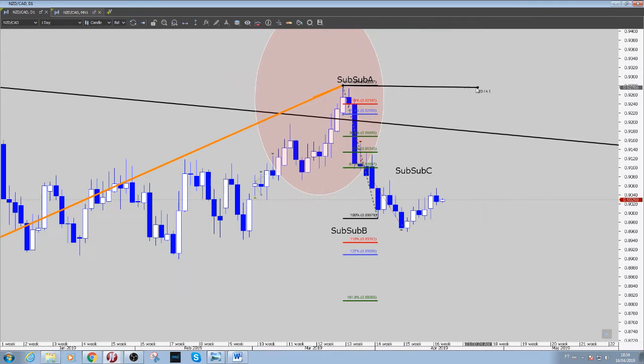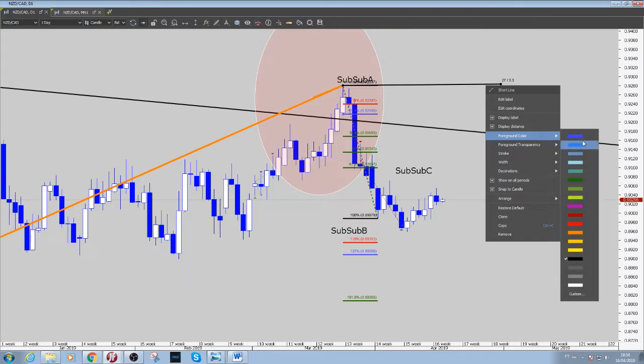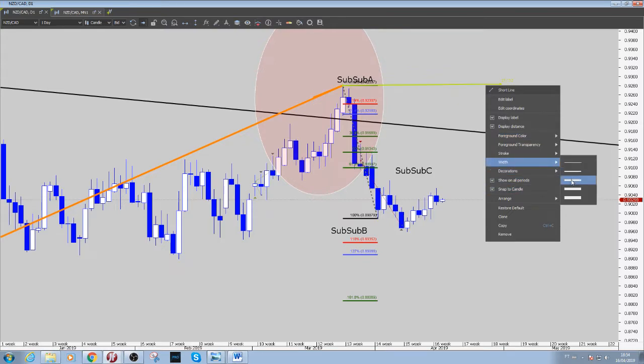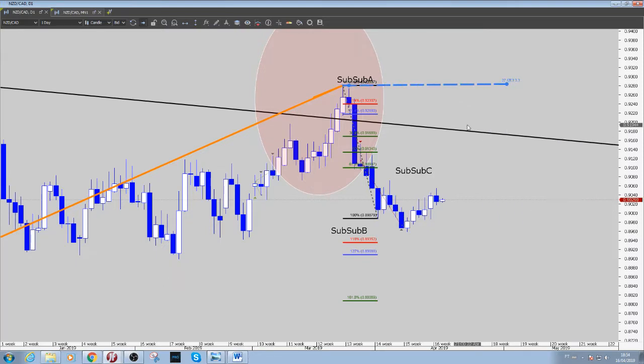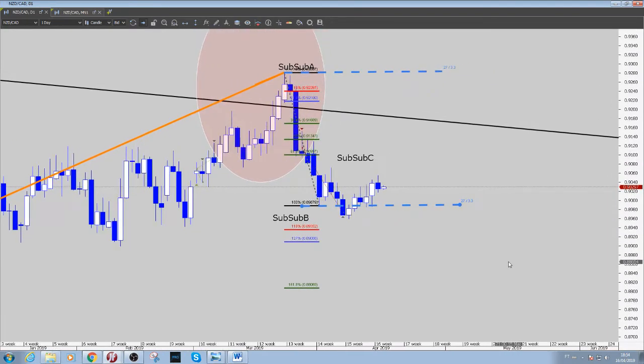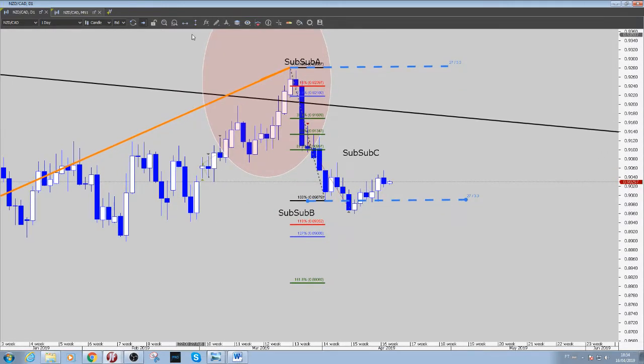And if you want, you can also make a horizontal line, right? This color this time, like this, okay, or maybe a different blue color. Okay, better. So this is the sub A, sub B, okay, and in about 40 minutes we have news coming out for the NZD, right?